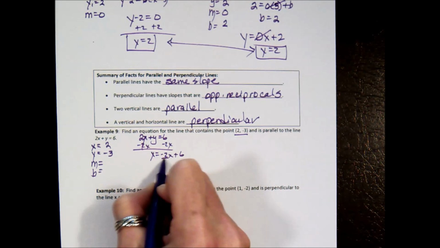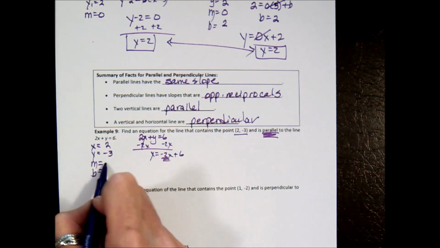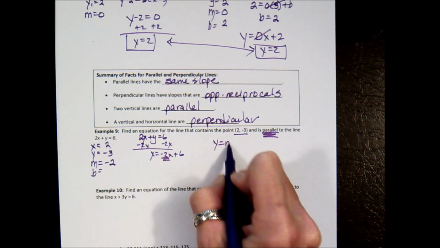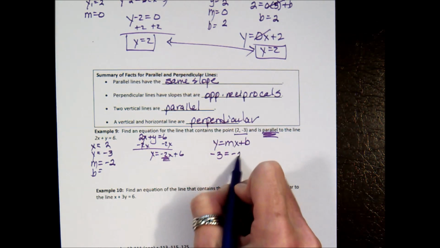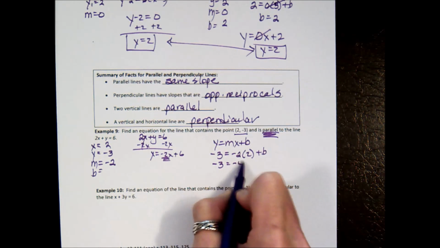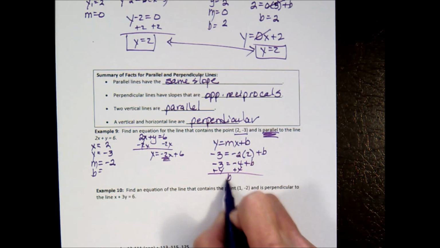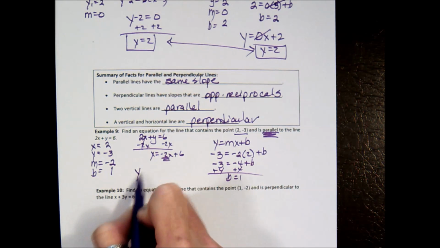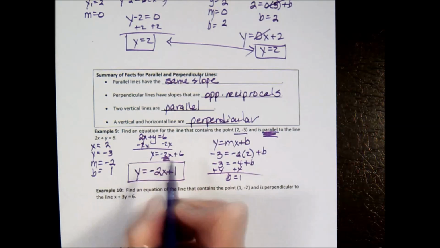Right there's the slope. Since my line is parallel, I have the same slope. So now all I have to do is y equals mx plus b. So negative 3 equals negative 2 times 2 plus b. Negative 3 equals negative 4 plus b. Add a 4 and we get b equals 1, which allows me then to write y equals mx plus b. Once you have these 2 pieces, you have it.